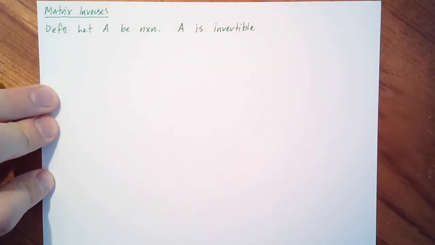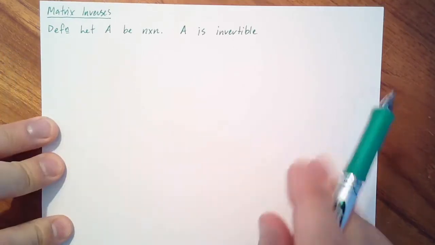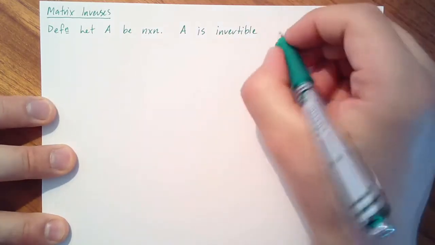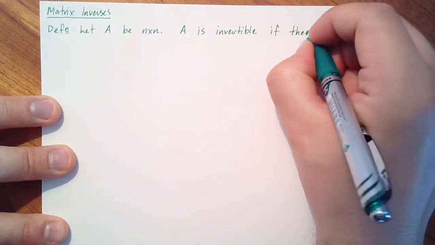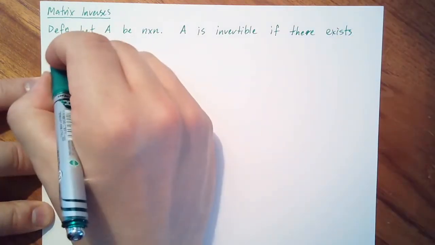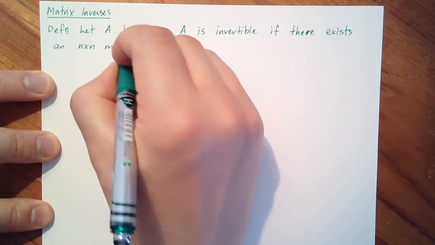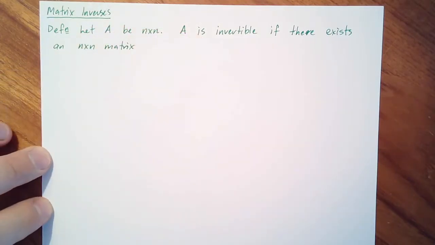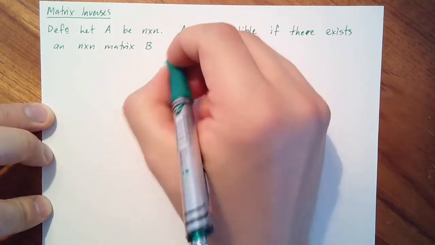So A is invertible. In other words, it's possible to invert it, and that's what we're going to give meaning to now. If the following happens, if there exists an n by n matrix B, so another square matrix of the same size as A, such that the following holds.